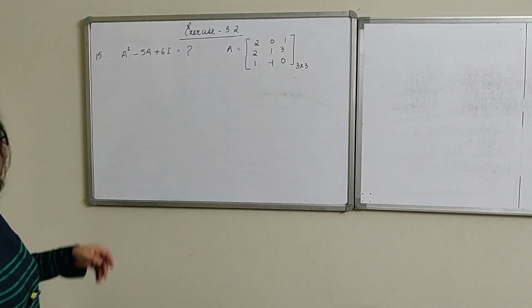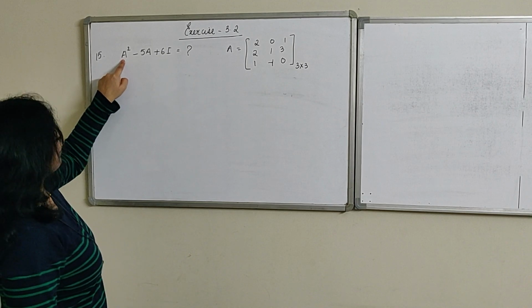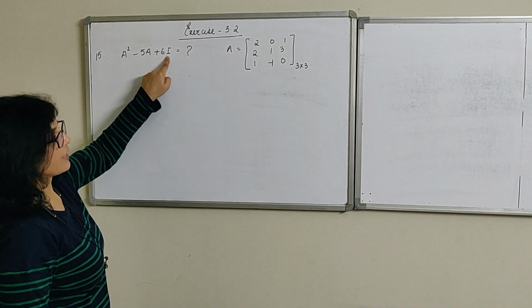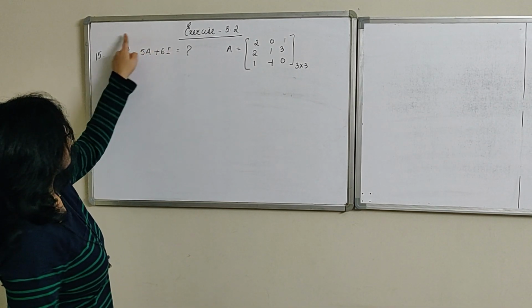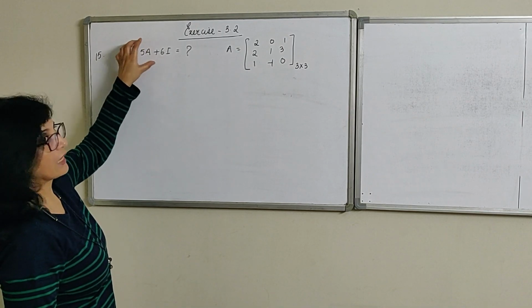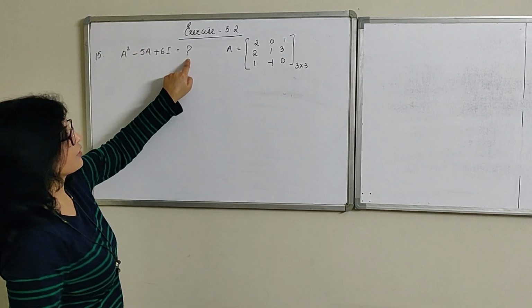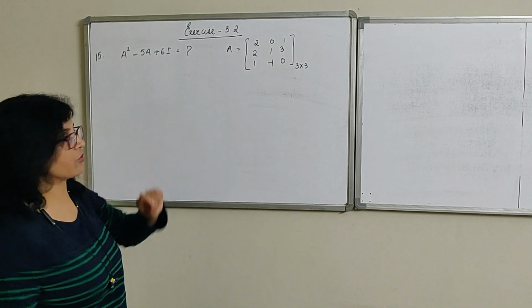So here A square is a matrix, A is a matrix, I is identity matrix of order 3. So when we perform this operation, we will get a matrix only. So on the right side, we will obtain a 3 by 3 matrix.